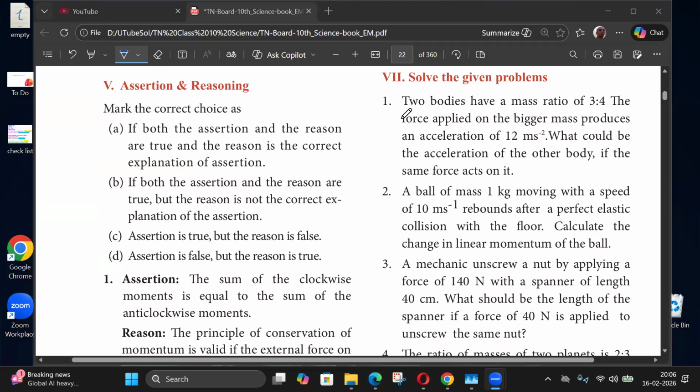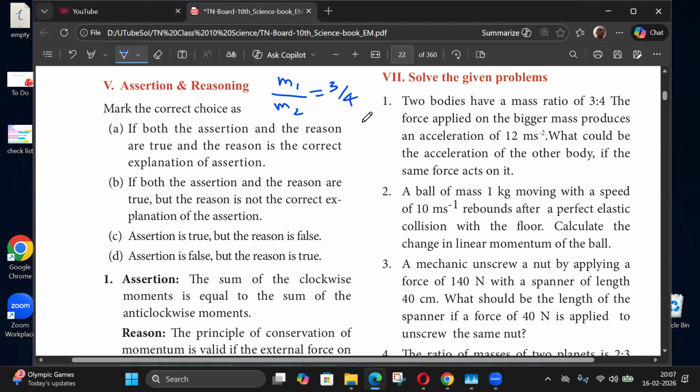One second, let me take. As soon as you read the question, convert the information in terms of symbols. Like this one, you understood, right? Two bodies, mass ratio is 3 by 4.